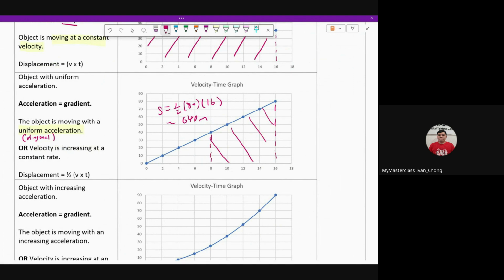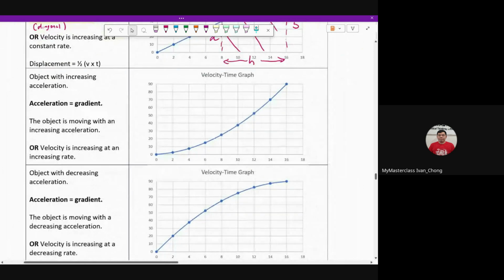So if it's a trapezium, you'll need to use your trapezium formula, where S is half A plus B times height, where the parallel sides are your A and B, and your height will be the non-parallel side. Okay?